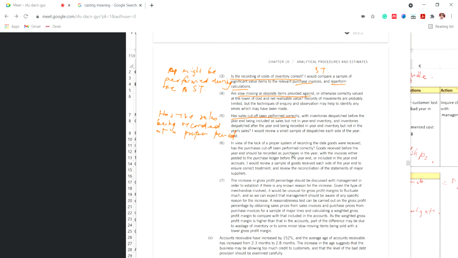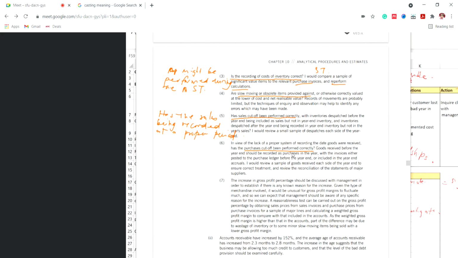This is what you should test. You must perform the sales cut-off test, and also the account receivable cut-off test. In view of the lack of a proper system of recording the dates goods were received, has the purchase cut-off been performed correctly? So look at the purchase cut-off as well.